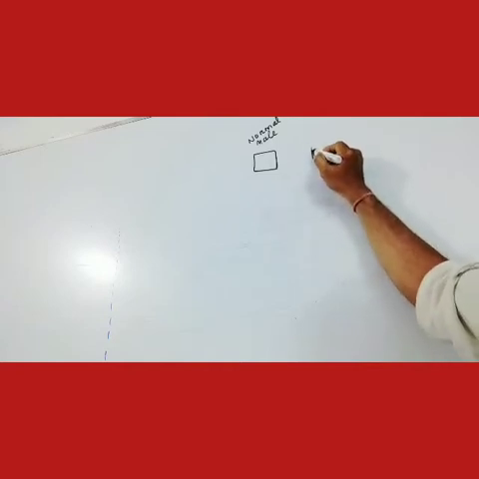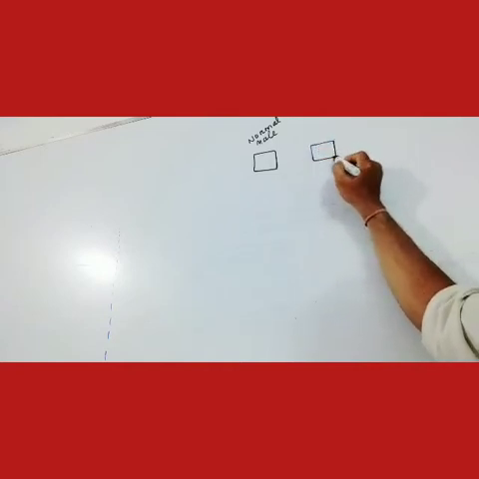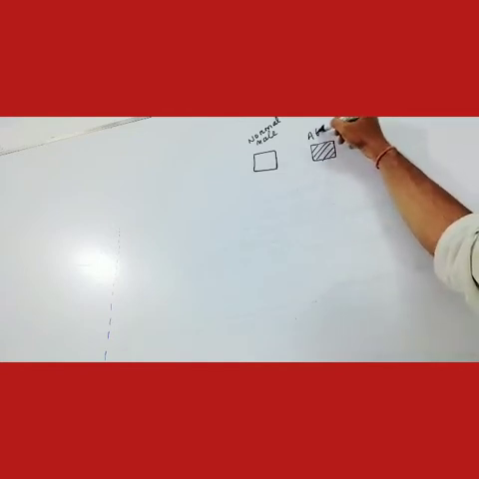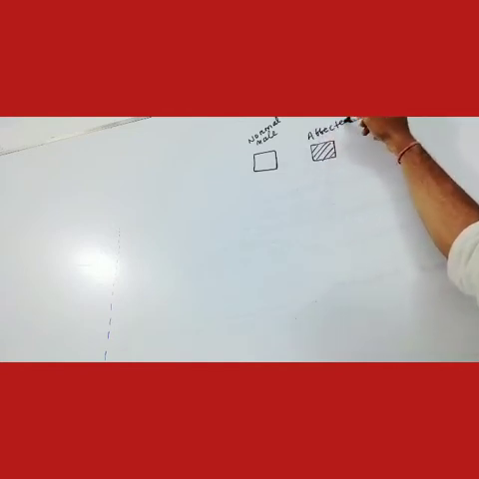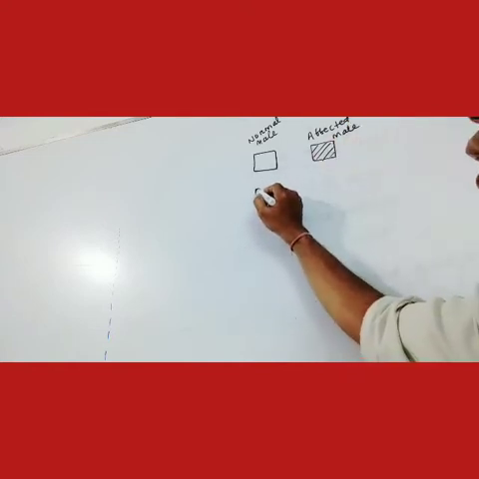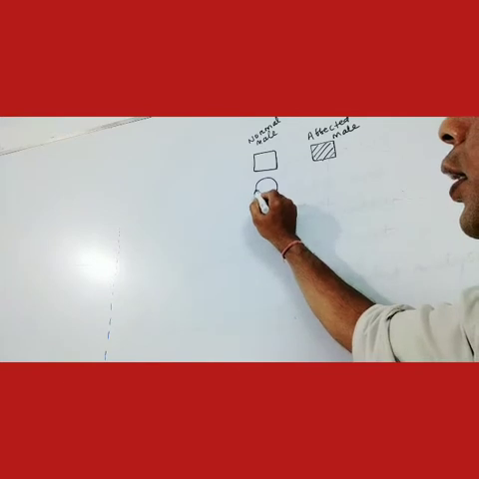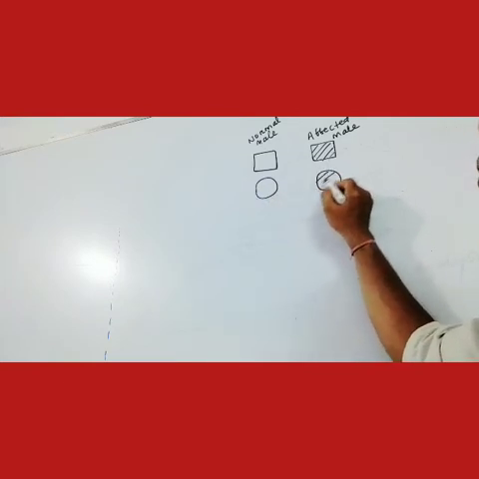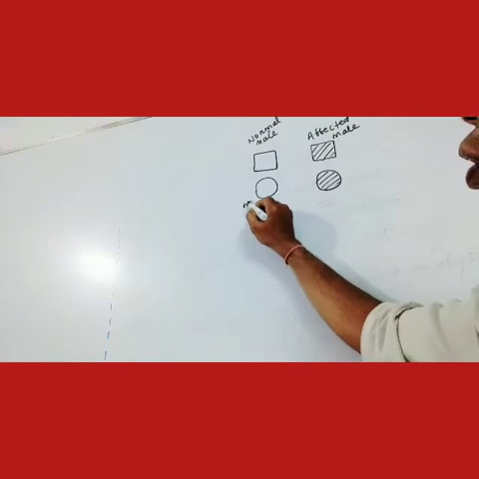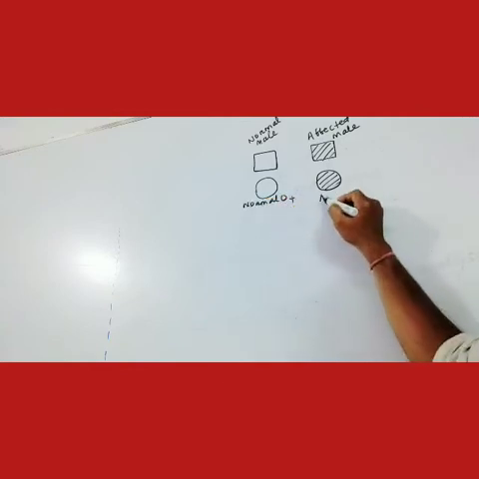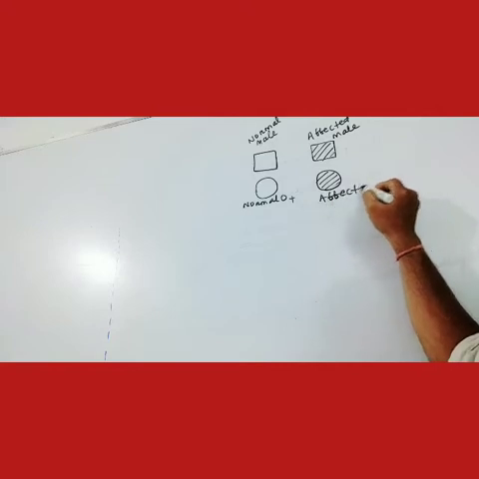When the square is darkened, it becomes an affected male. Like that, this is a normal female, and this is an affected female.